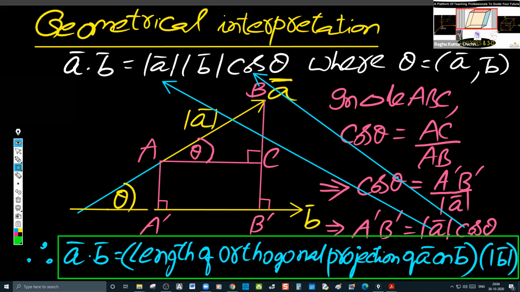Of course, you might have learned the formula by heart in your 11th class itself, and you might have applied it many times in physics. Yes, sir. Geometrical interpretation means the geometrical meaning of this: A dot B means the length of the orthogonal projection of A bar on B bar into the length of B bar.